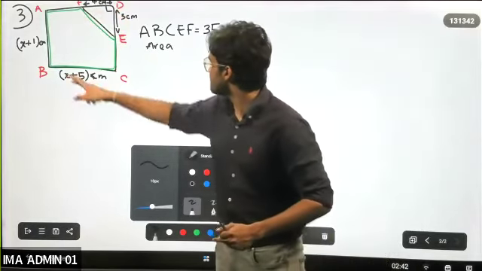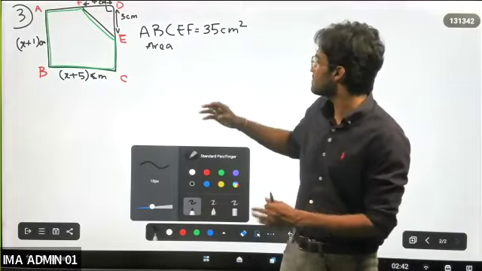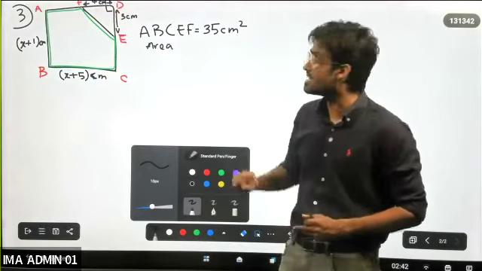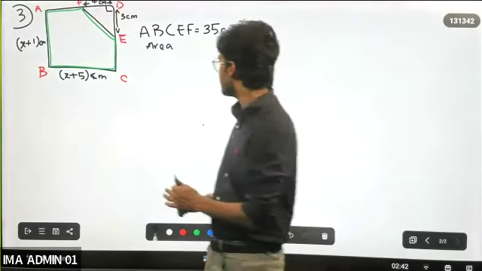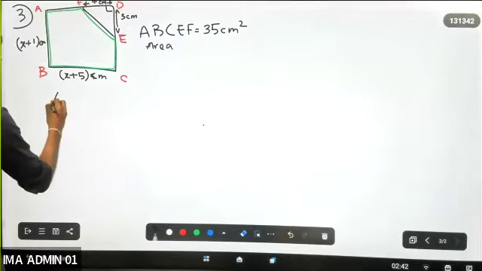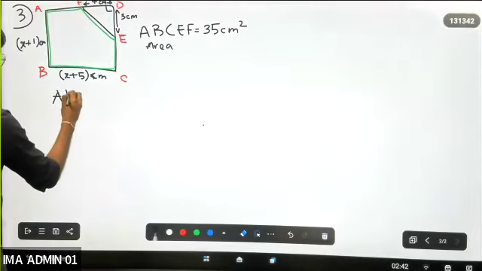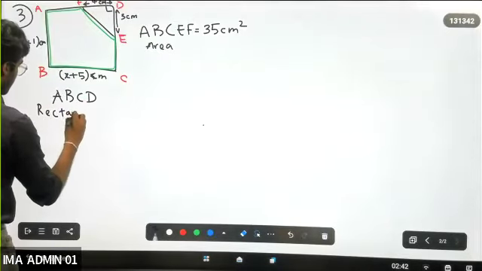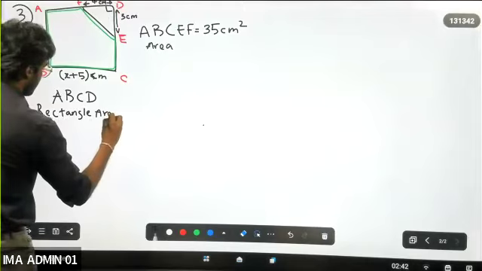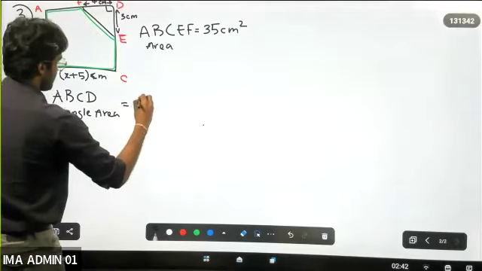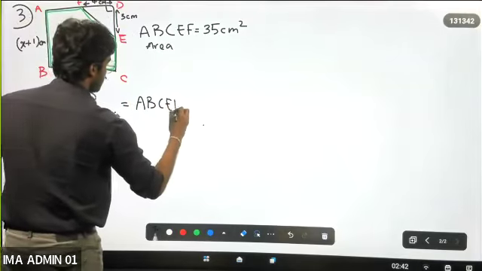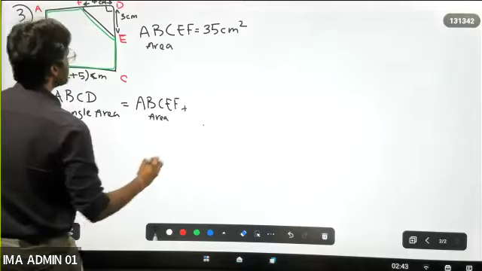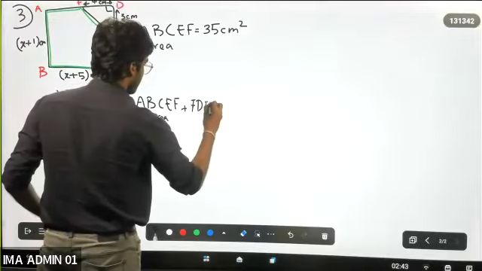And once you know the rectangle area and also the triangle area, if you deduct the triangle area from the rectangle area, you get A, B, C, E, F. So we write down: ABCD rectangle area, which is easier to understand, equals A, B, C, E, F area plus FDE triangle.